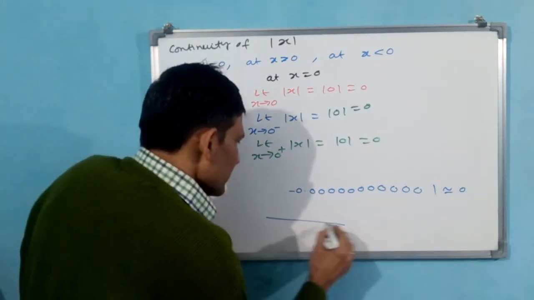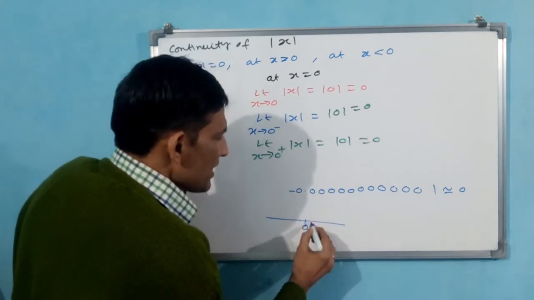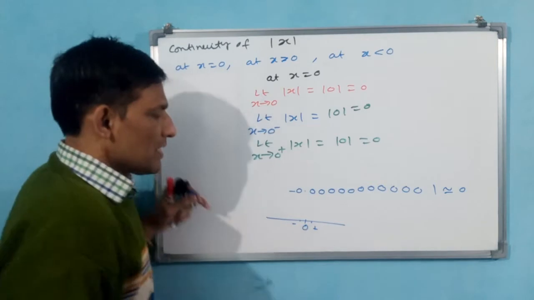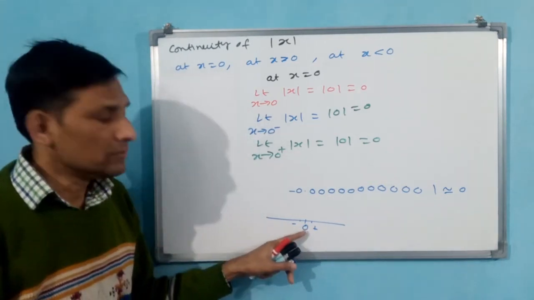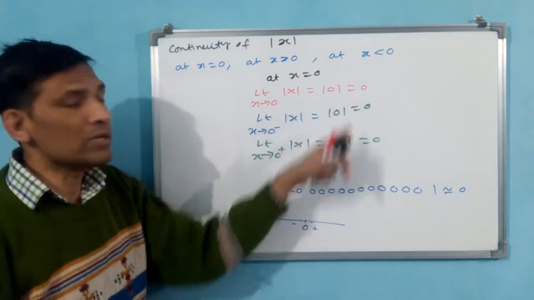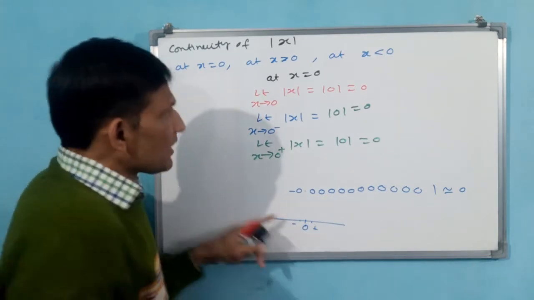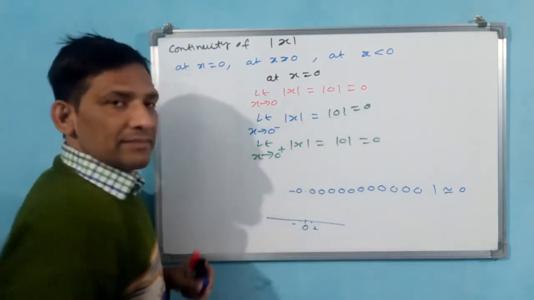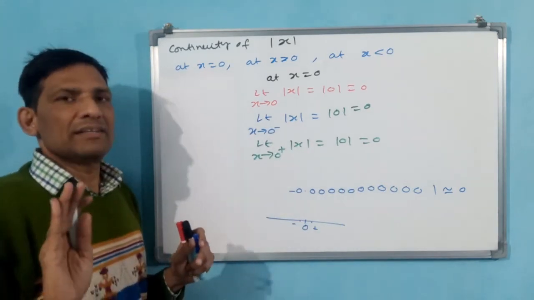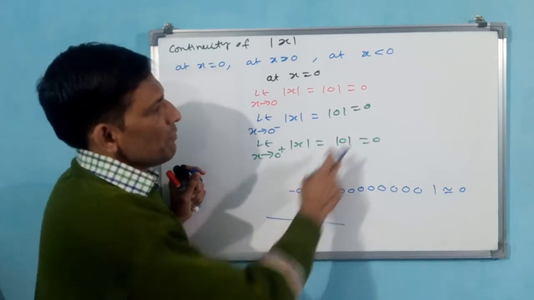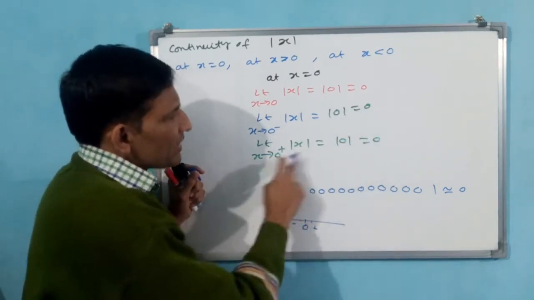Because see, this is 0, 0 minus and 0 plus both are here. But here this may be minus, this may be plus, but nearest to 0. That is why we can write 0 only here. Even this minus also, the modulus is making plus. First of all, it is small. This is a small amount, plus only it is making. On the plus side, already plus will come.